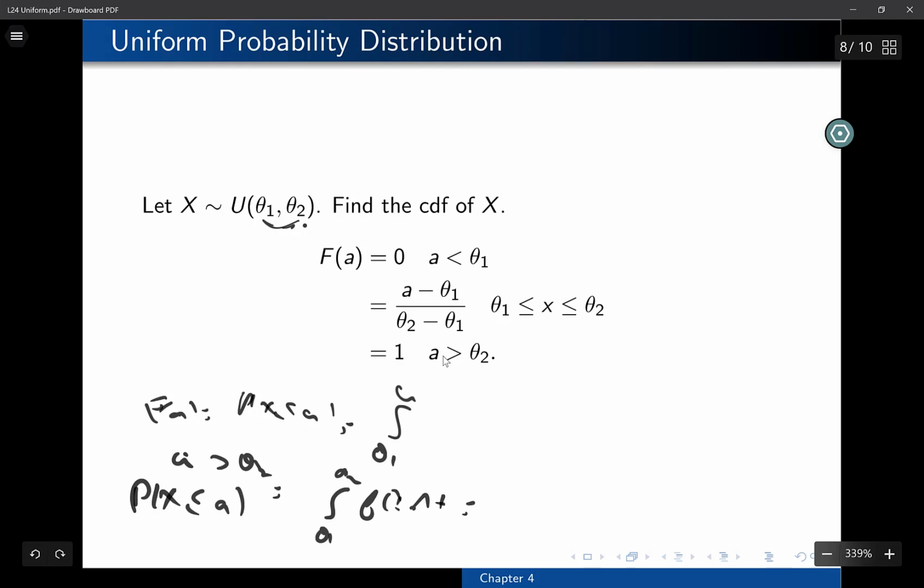This is the entire integral, and you know that this integral is equal to 1. So that's where you get this 1 from. Again, the range of the values of this random variable is between theta 1 and theta 2. So your CDF will have these three parts to it: below theta 1, between these two values, and above theta 2.